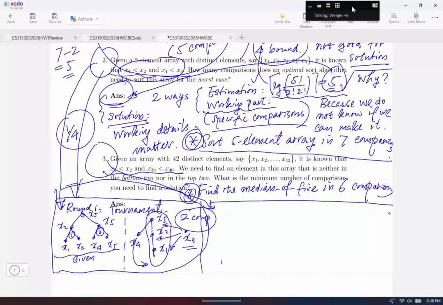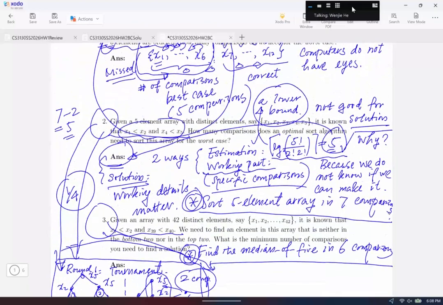Sometimes with the given condition, there is another approach. Remember I mentioned the equivalence idea? The given condition is equivalent to 2 comparisons. Some students use that equivalence argument, equivalent to 2 comparisons.